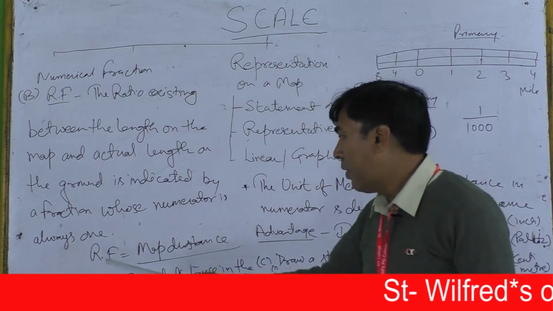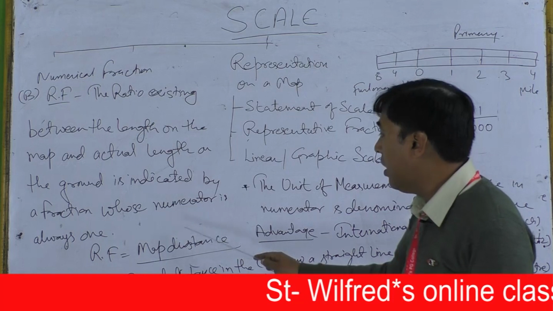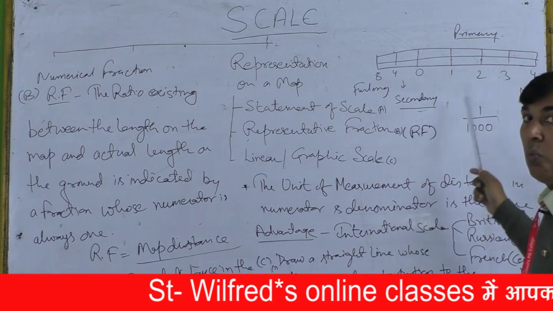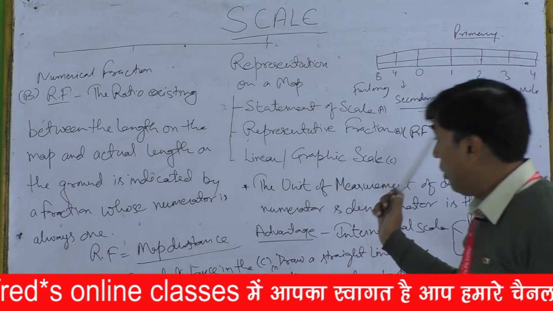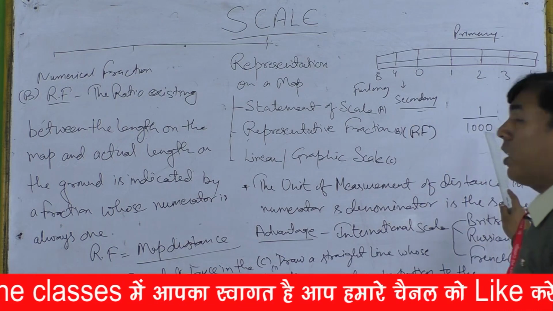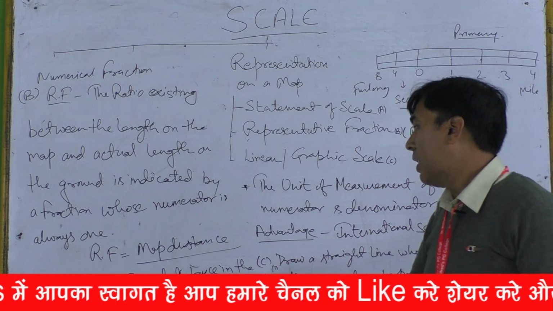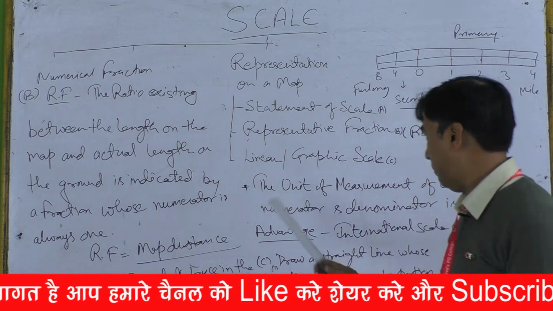It means RF is the map distance, like this, 1 ratio 1000. It means 1 unit is the map distance and 1000 is the ground distance in the same unit.